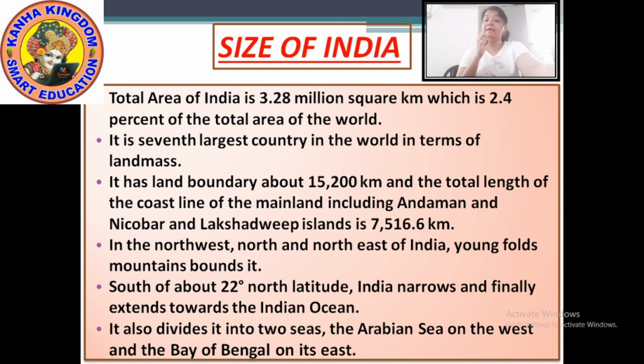Now talking about the total area of India, the total area of India is 3.28 million square kilometers, which is 2.4% of the total area of the world. Now, which is the largest country?